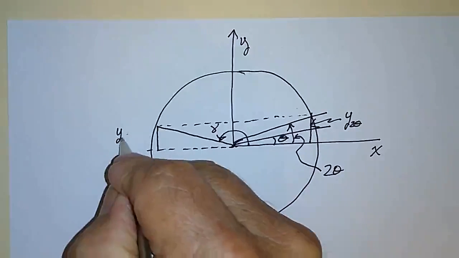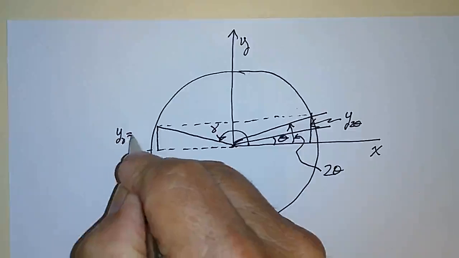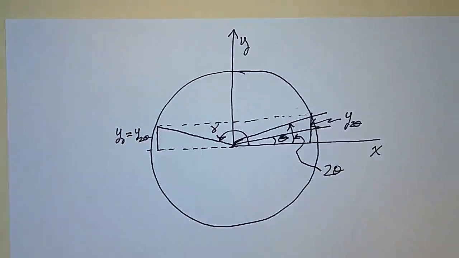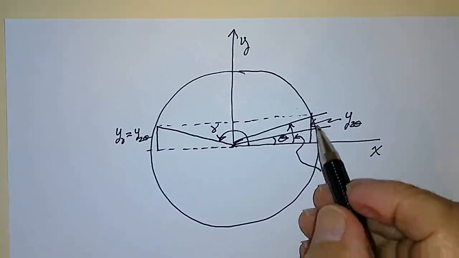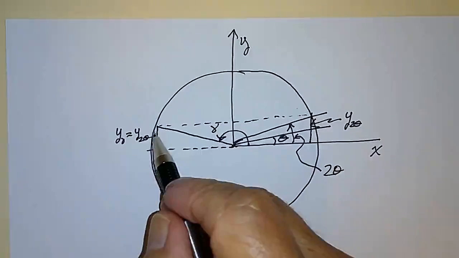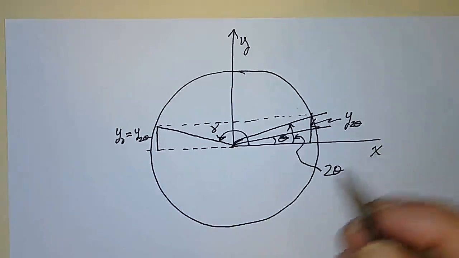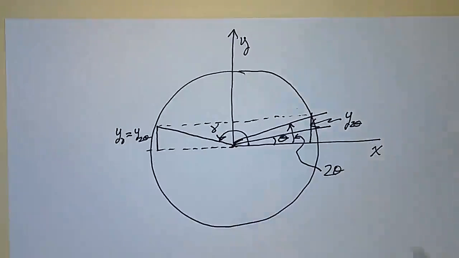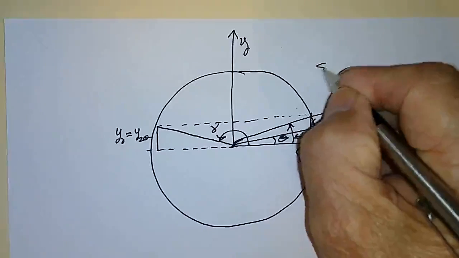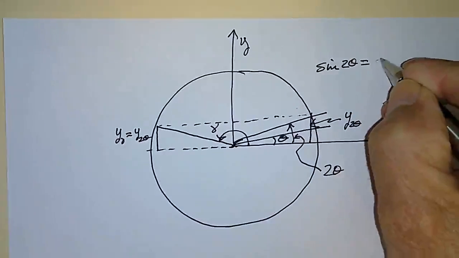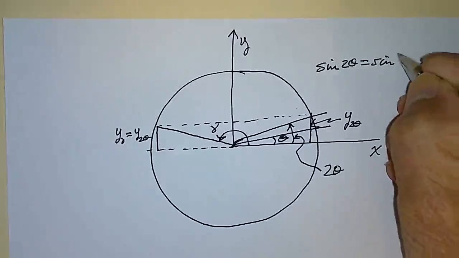That is, y sub gamma is equal to y sub 2 theta, so that the sine of 2 theta and the sine of gamma are the same. In other words, sine of 2 theta is equal to sine of gamma.